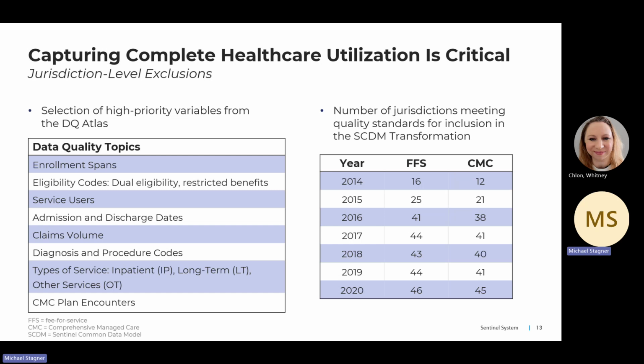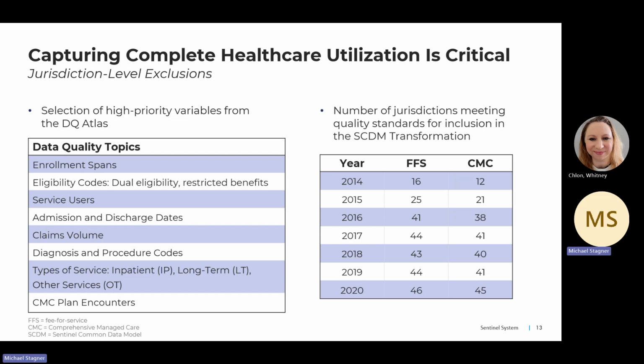The DQ Atlas assesses a large number of different topics, and some are related to payments and such, and those weren't selected as topics to use for exclusion for transforming the data into the Sentinel Common Data Model.